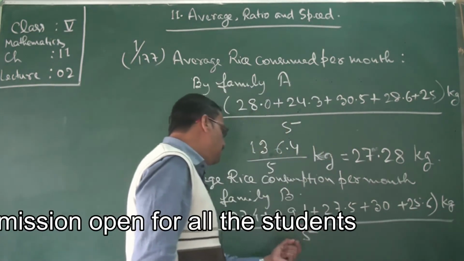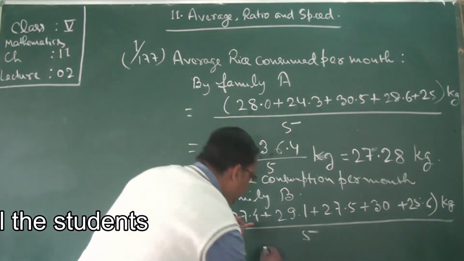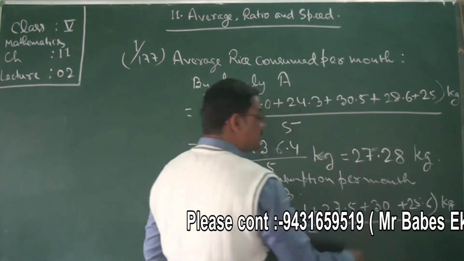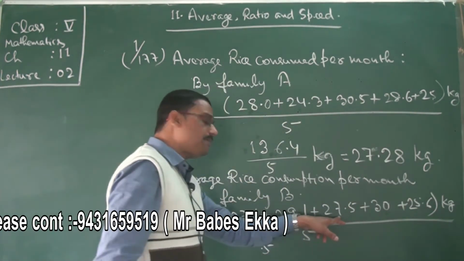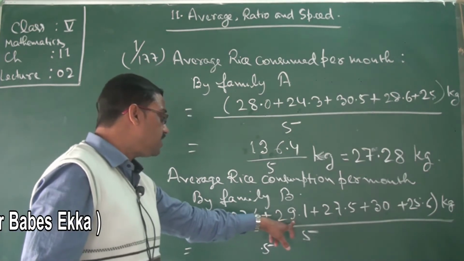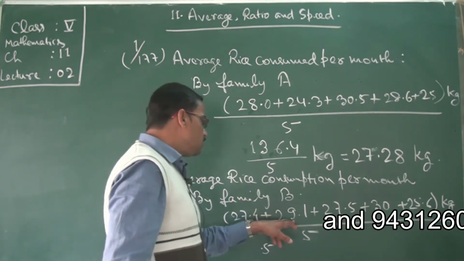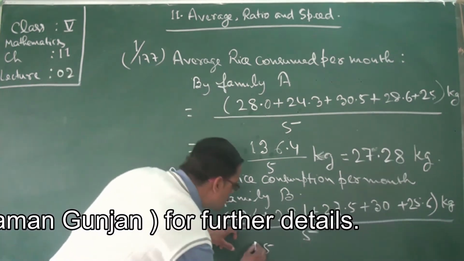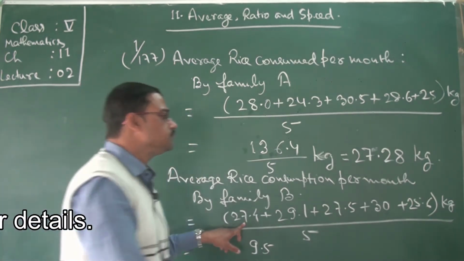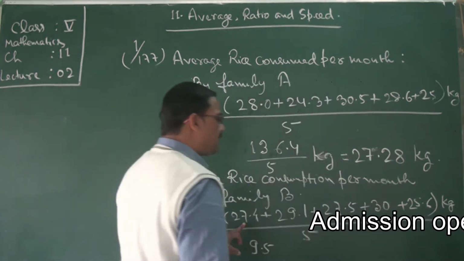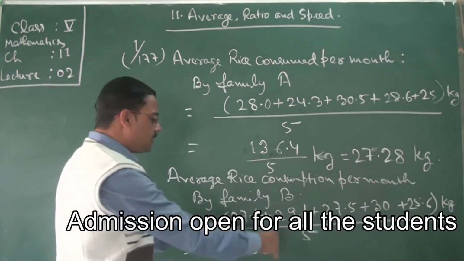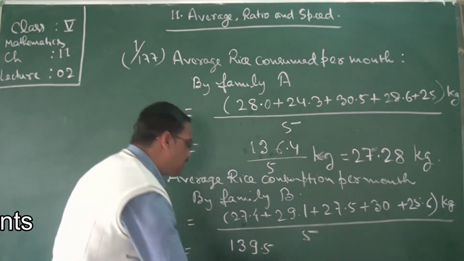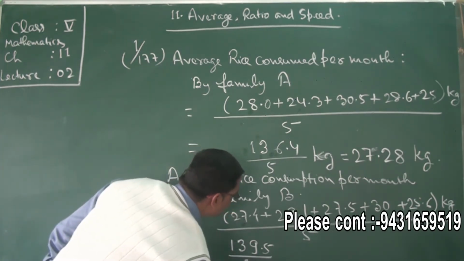6, 5, 11, 11, 1, 12, 12, 4, 15, 5, carry 1, 5, 1, 6, 6, 0, 6, 7, 13, 13 and 9, 22, 22 and 7, 29, 9, carry 2, 2, 2, 4, 3, 7, 2, 9, 2, 11, 2, 13, 139.5 by 5 kg.